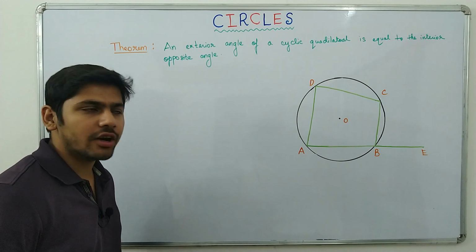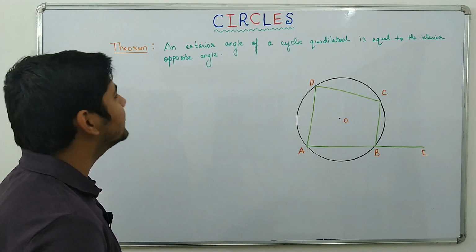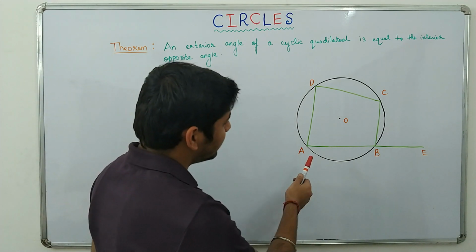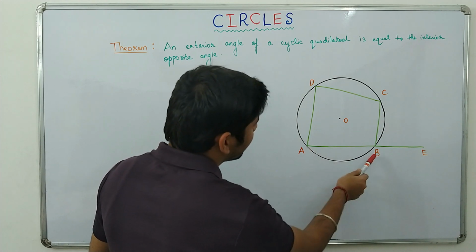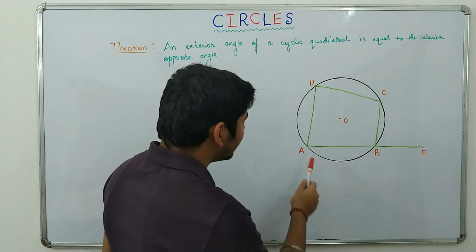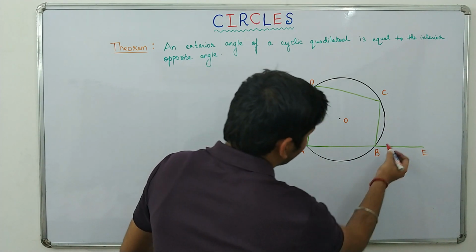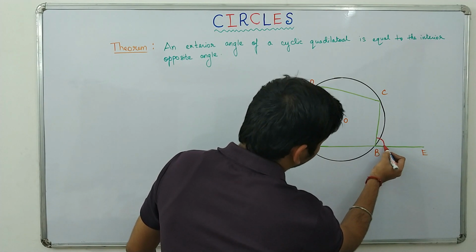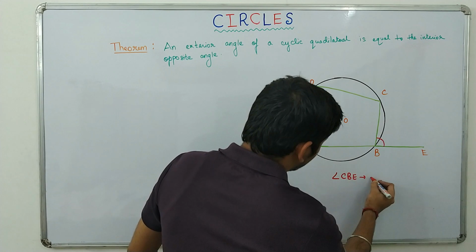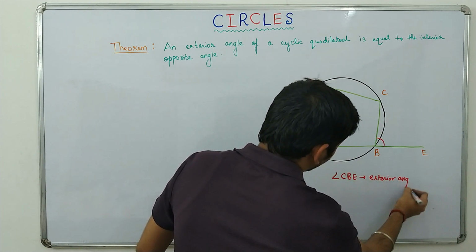Moving on to the second theorem. An exterior angle of a cyclic quadrilateral is equal to the interior opposite angle. What does this mean? Say we have a circle and a cyclic quadrilateral ABCD. One of the sides of the cyclic quadrilateral, AB, is extended to E. So we get an exterior angle over here. So angle CBE is an exterior angle.